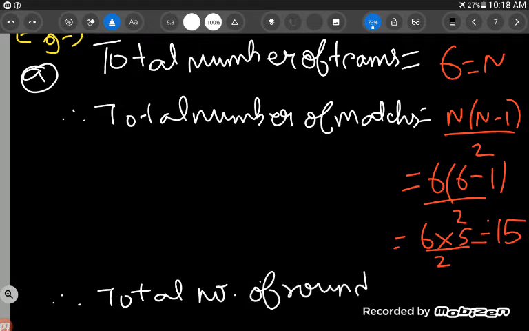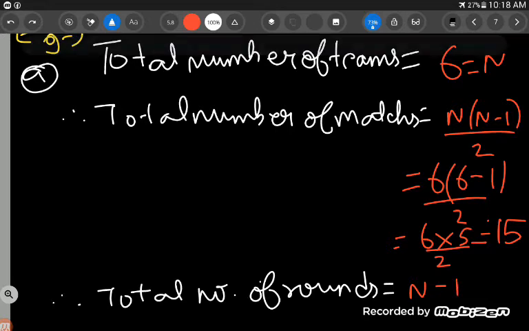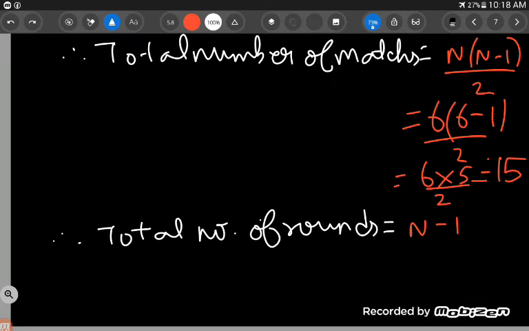When participants are an even number, the number of rounds is equal to n minus 1. How many teams are participating here? 6 minus 1 is equal to 5. It means you will draw 5 rounds.